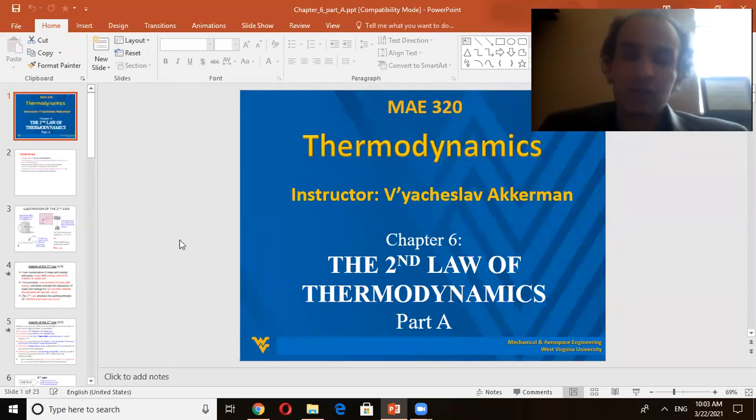But the key point is the following: in addition to energy conservation, there is something that rules nature. And there are at least 10 formulations of this. There are different ways to explain it.